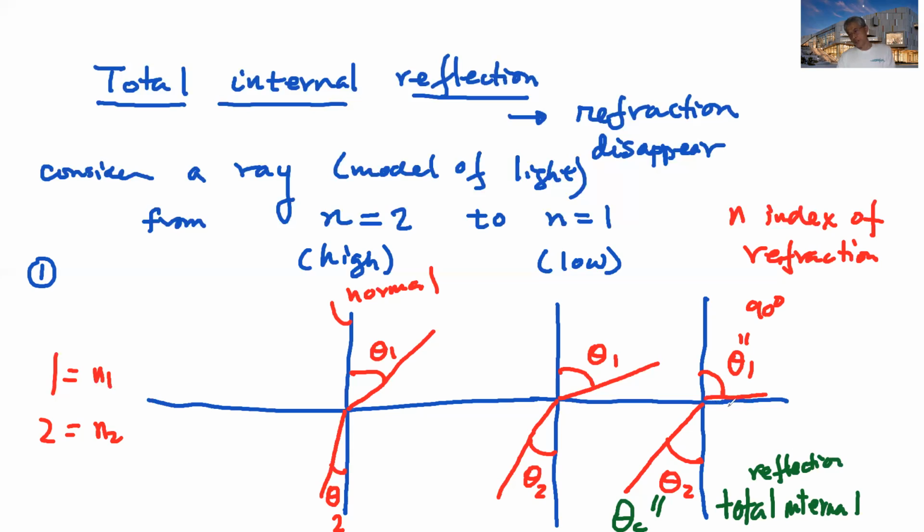But you still have reflection, remember? You always have reflection. Well, not always, but almost always. So your reflection is still coming back this way, and that's your theta 2. Same here, you have some reflection here too, so you have your theta 2 right there, and here too.